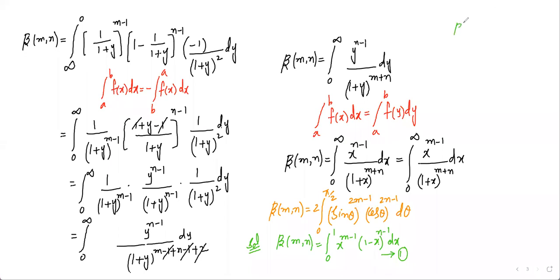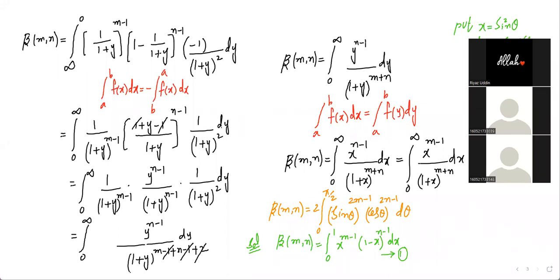Put x is equal to sin square theta. If you differentiate, dx is equal to 2 sin theta into cos theta into d theta.